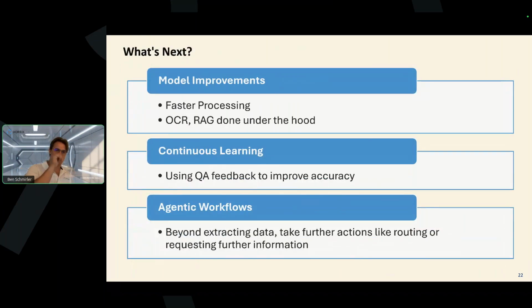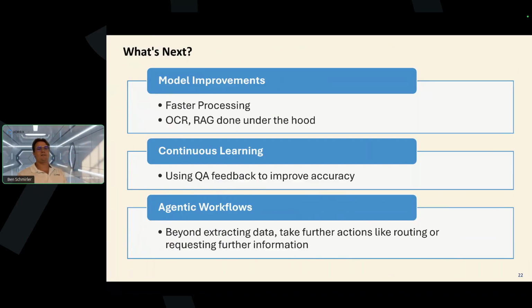In terms of what's next, for model improvement, you can always look at faster processing. Can you use older techniques in combination with LLMs and RAG? Can you use OCR and RAG together? Can you build a system that effectively uses both?